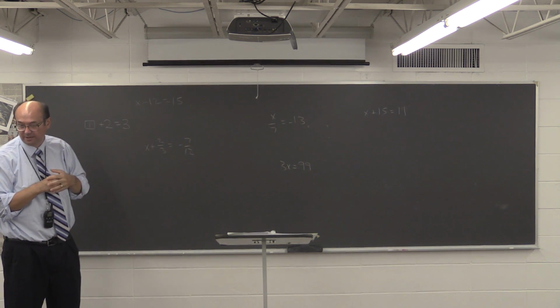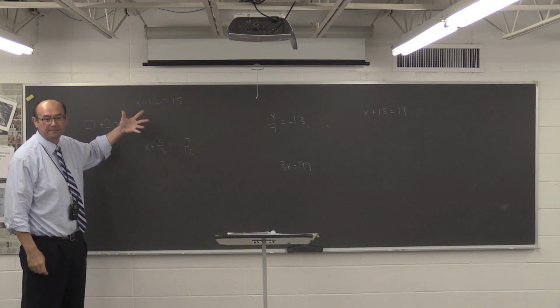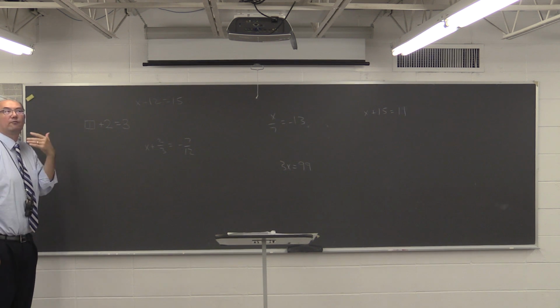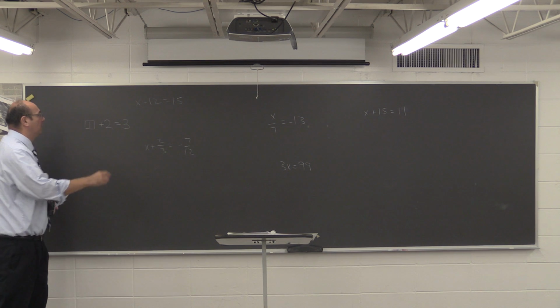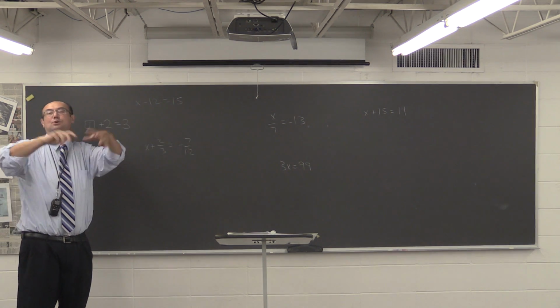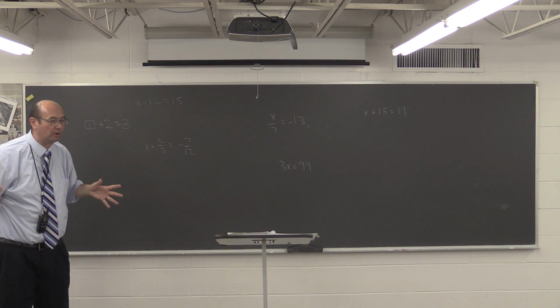One-step equations. Well, what is the opposite of a negative 12? Positive 12. So you would say to yourself, what is the number and the sign that, if I put it under this negative 12, cancels it out to be absolutely nothing, blows it into smithereens, and it's not even there anymore?